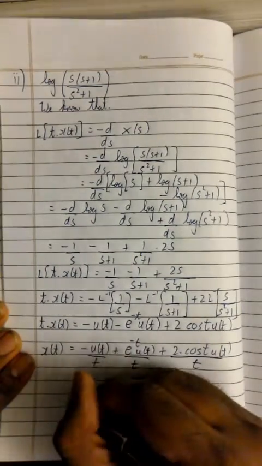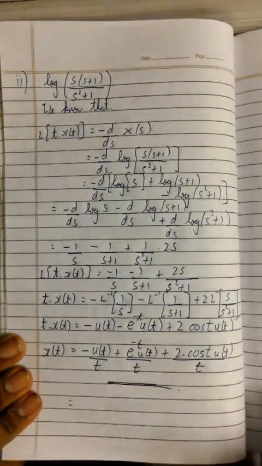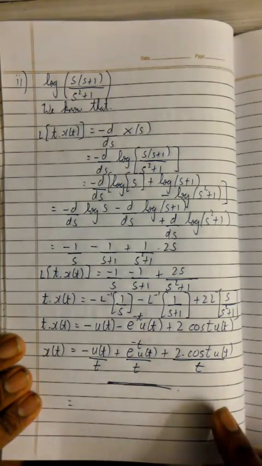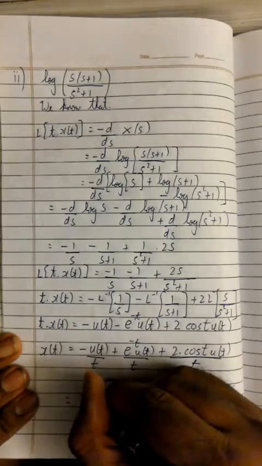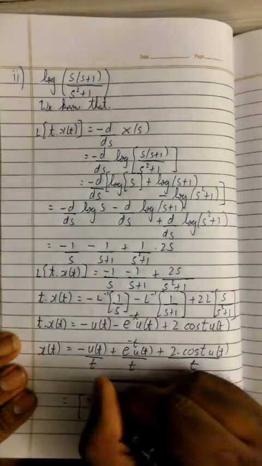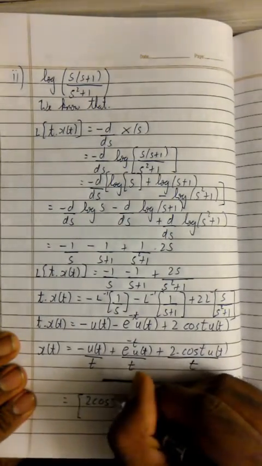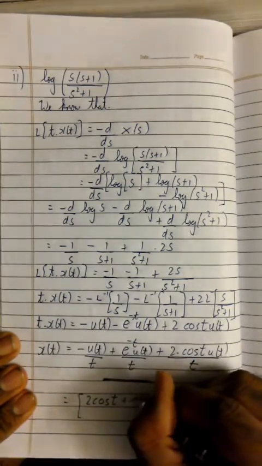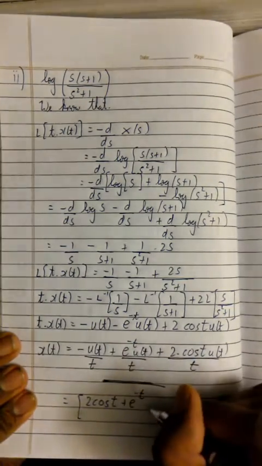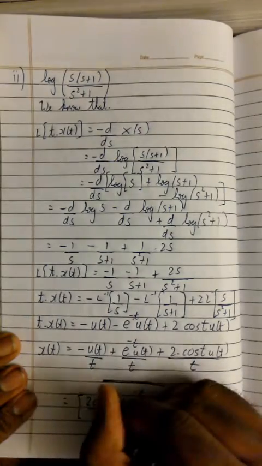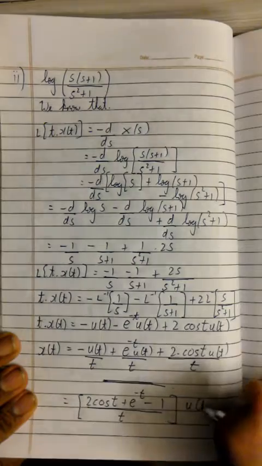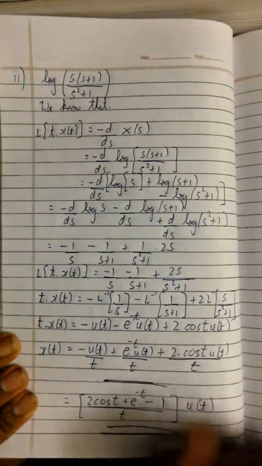Or you can also write this as, if I take u of t common outside, and then rearrange this, I can write this as 2 cos t plus e raised to minus t minus 1, by t, into u of t. Okay, this is your answer.